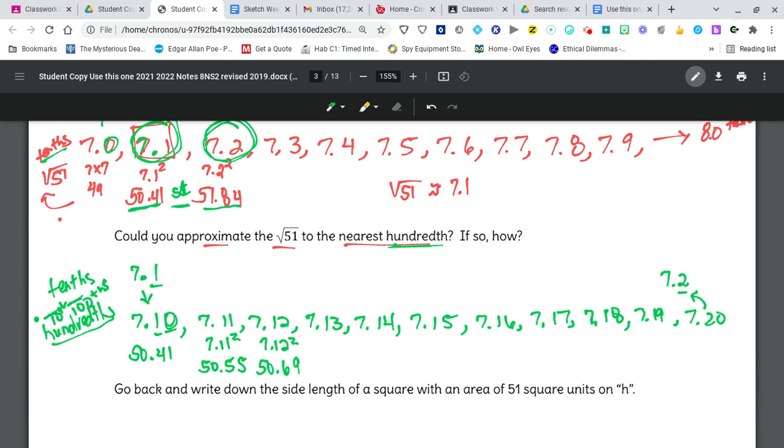And you've got to remember, when you're rounding to the nearest hundredth, the number in the thousandths place tells the number in the hundredths place what to do. If the number in the thousandths place is 5 or more, the number in the hundredths place goes up. If it's not 5 or more, the number in the hundredths place stays the same. Let's see if we can get close to 51 with 7.13 times 7.13.